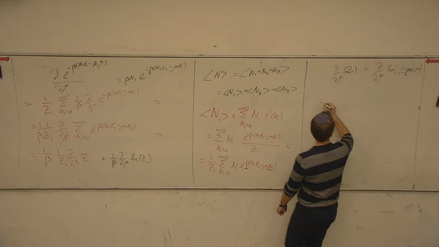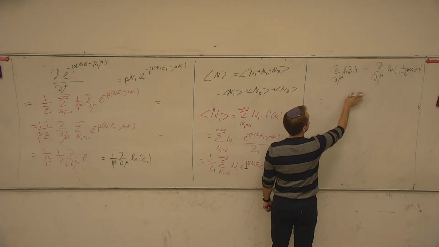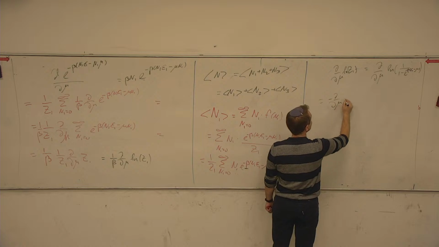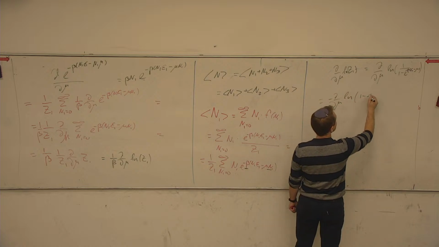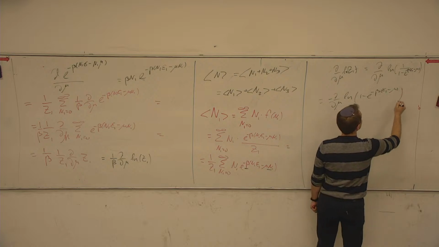And it equals minus d to d mu of log of 1 minus e to the power minus beta (epsilon 1 minus mu).